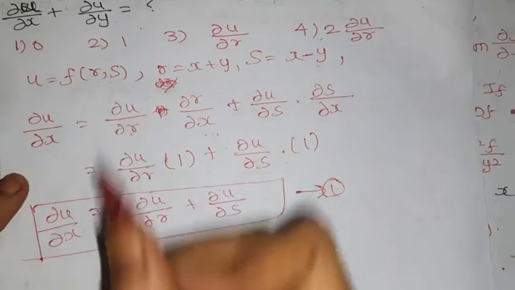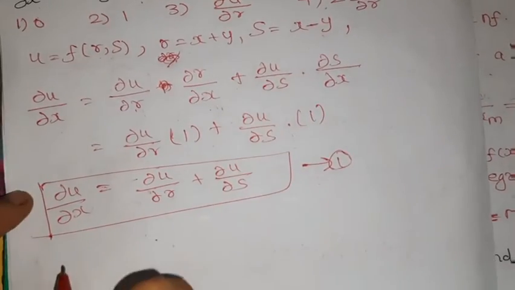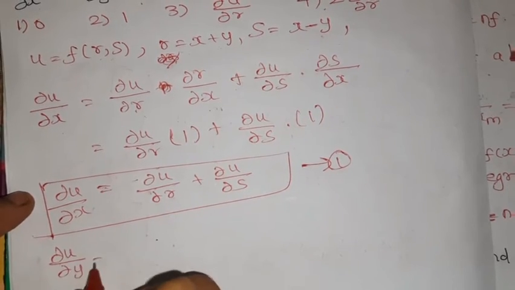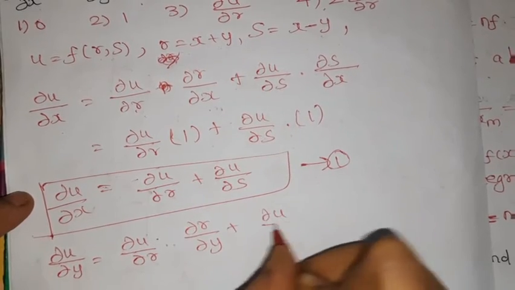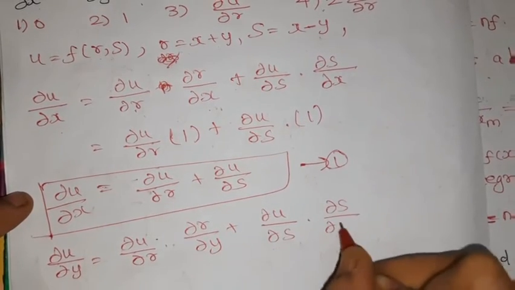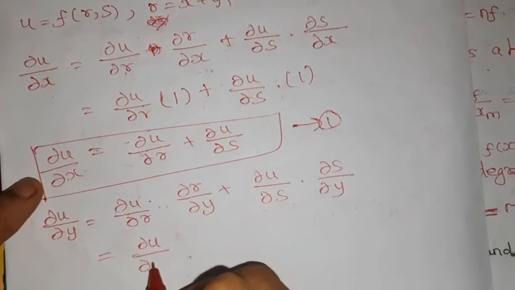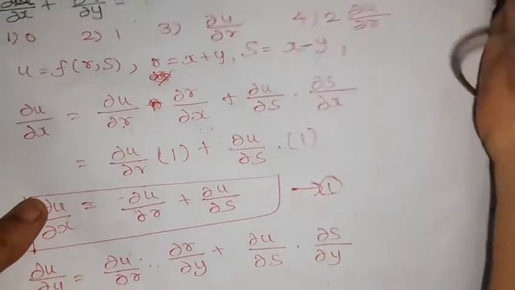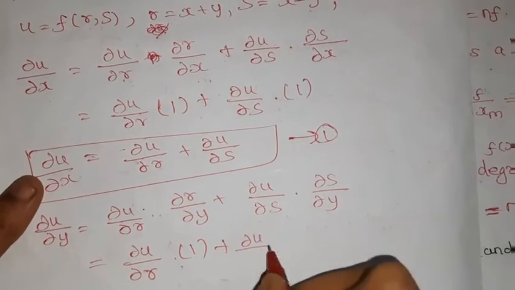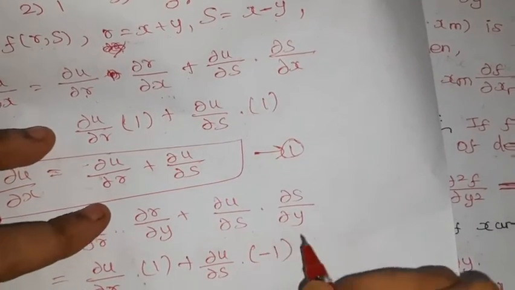Then we need to find out ∂u/∂y. ∂u/∂y equal to ∂u/∂r into ∂r/∂y plus ∂u/∂s into ∂s/∂y. So ∂u/∂r, keep as it is, into ∂r/∂y. ∂r/∂y is nothing but 1, plus ∂u/∂s into ∂s/∂y. ∂s/∂y is nothing but minus 1.